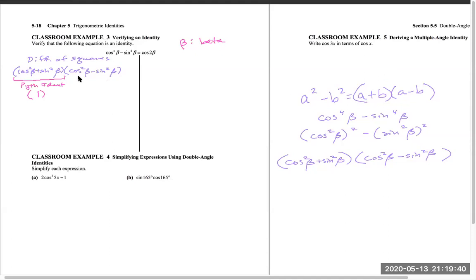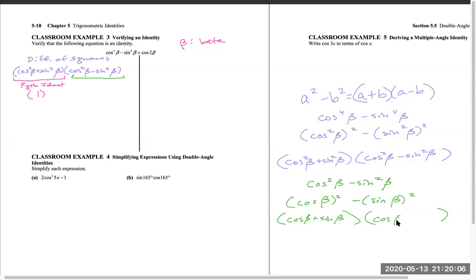And then over here, we have another difference of squares. So cosine squared beta minus sine squared beta, that's cosine beta, the quantity squared, minus sine beta, the quantity squared. Your 2 factors will be cosine beta plus sine beta and cosine beta minus sine beta.